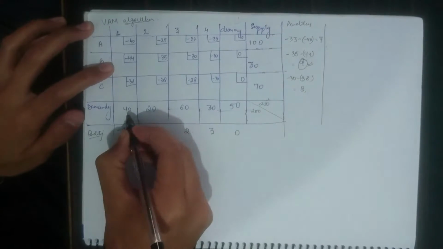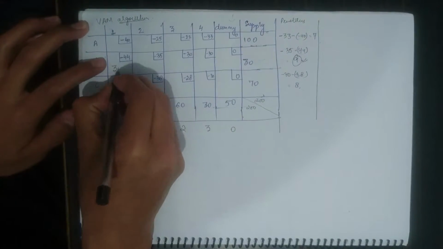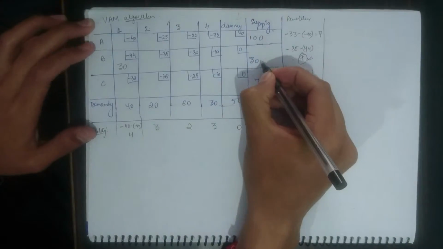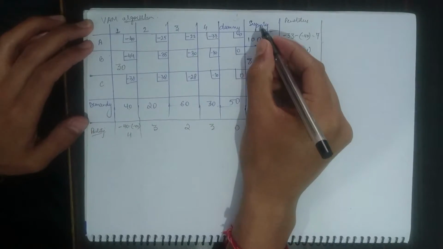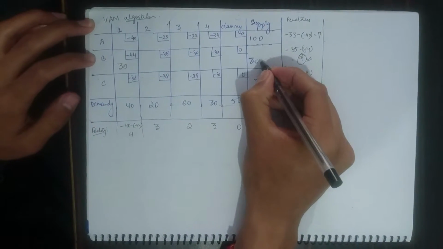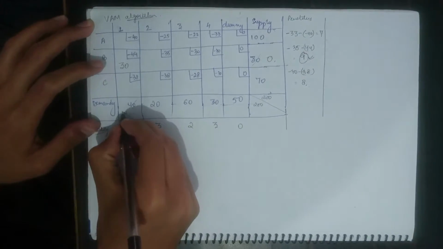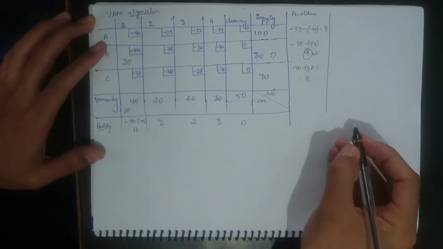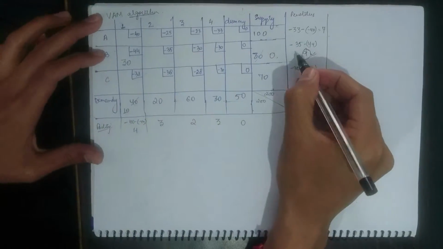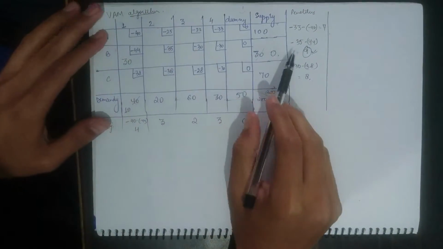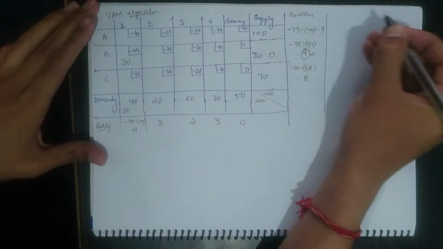So we have 30 or 40, so we can give it 30. Okay. So we have met the supply of this source, we are left with 0, and here we are left with 10 more units. Okay. So this source's supply is over. Now we will recalculate penalties.